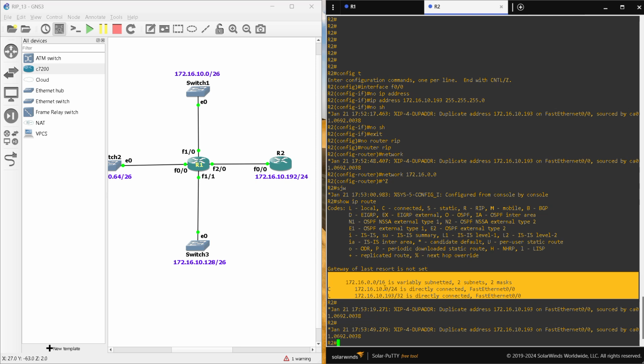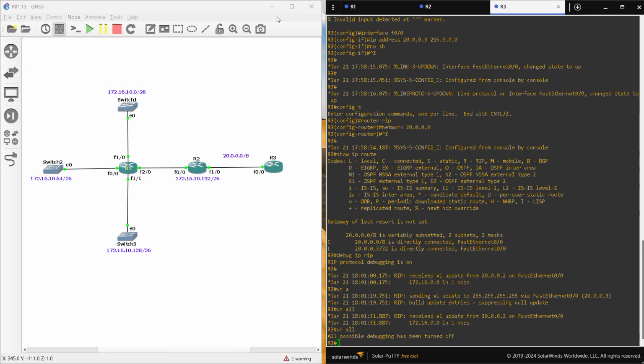Now let me make it like before, and we'll extend the topology. Now here I have extended the topology. I have attached one router, router 3, here with the network 20.0.0.0.